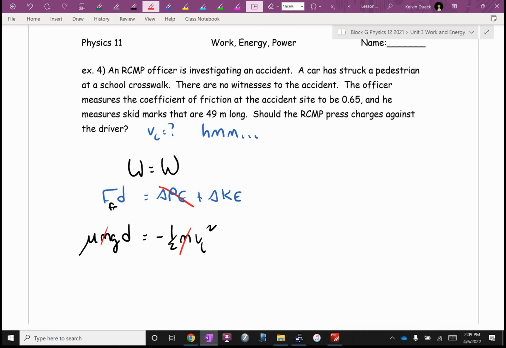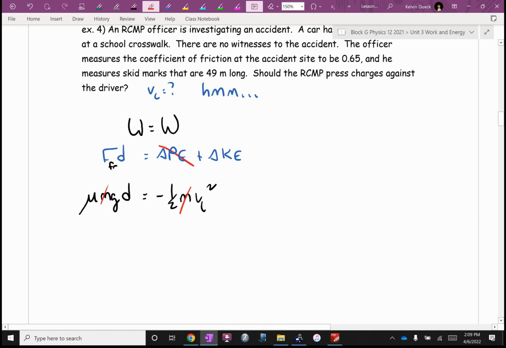No excuses. Now, got a bit of a problem here. This side is negative, this side is... Wait, isn't this force in the opposite direction of this distance? Technically, this force is negative, because it's lost energy. So we have a negative and a negative. They are going to cancel out. We are going to get a positive answer.